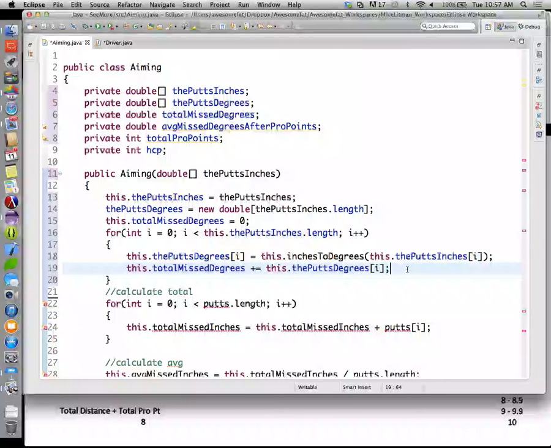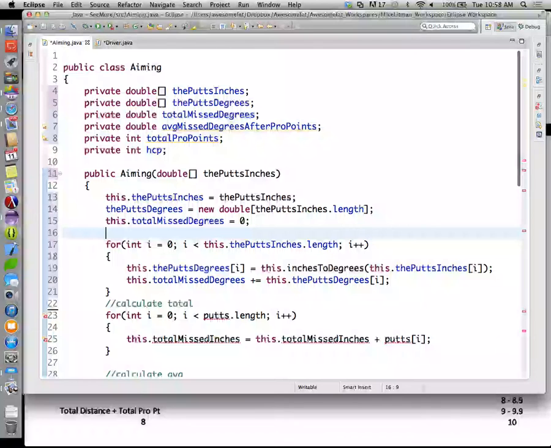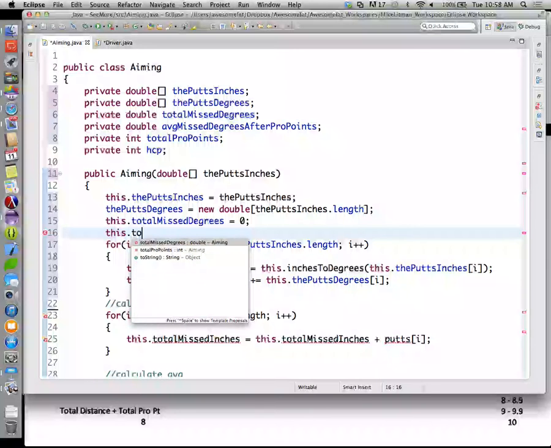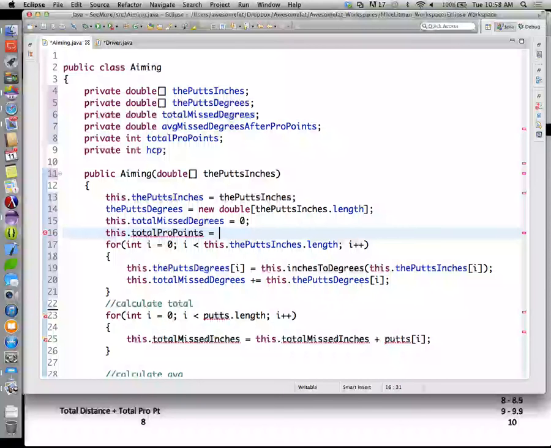Then we also need to keep track of pro points. So we're going to need another variable. This.total pro points start off at 0.